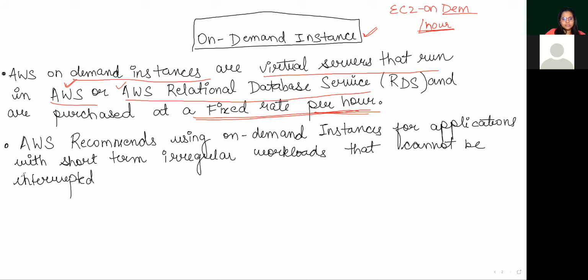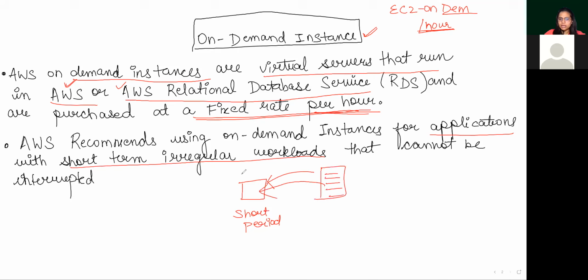So what AWS says is, if you have a resource or application with short-term irregular workloads, means that you want it for a short period of time, and you don't know whether sometimes you are updating the data and sometimes not, means there is no fixed schedule or regular updates you need to make on the EC2 instance, in those conditions you can use an on-demand EC2 instance.